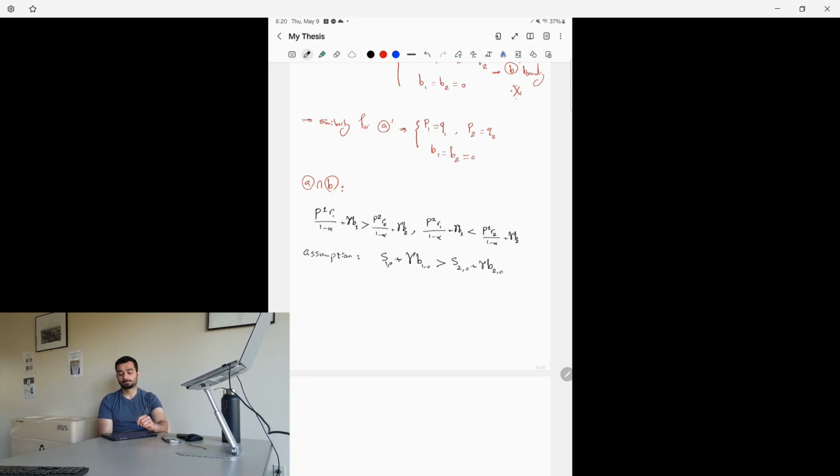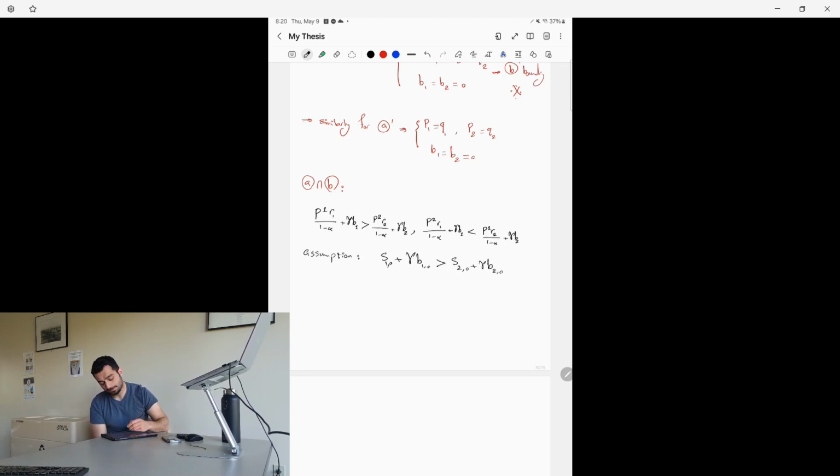So S10 plus gamma B10 is greater than S20 plus gamma B20. So S1 will be greater than S2, S1 plus gamma B1.